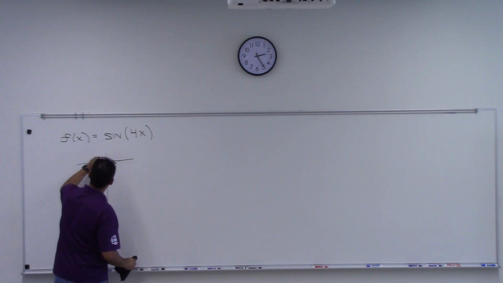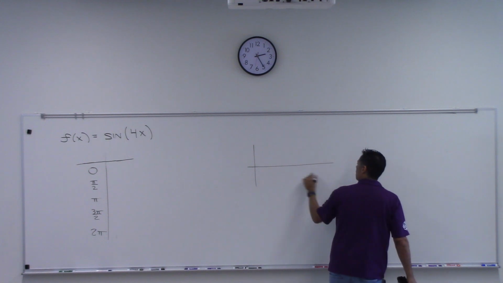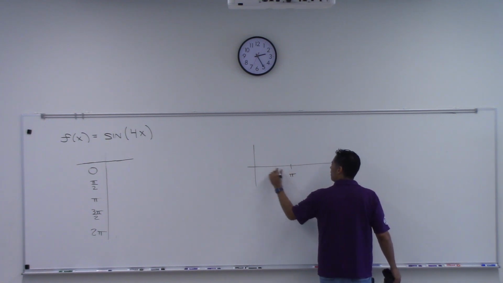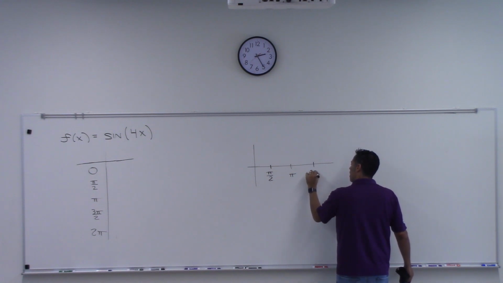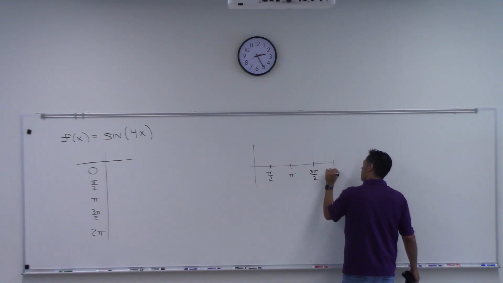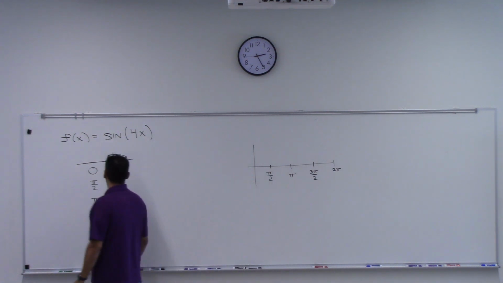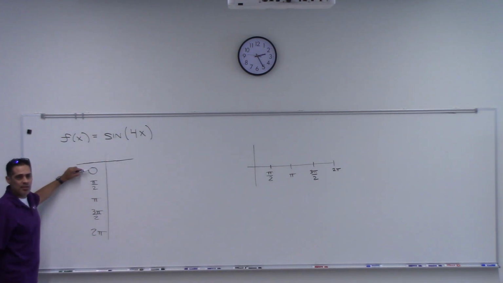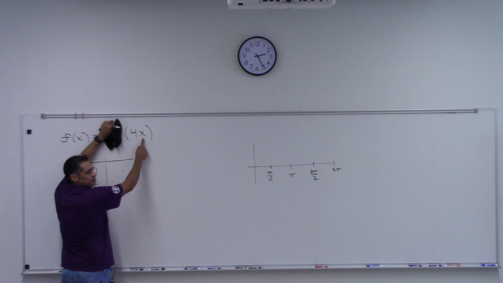Let's try a t-table, and let's go to our common points that we know. Here we have pi over 2, 3 pi over 2, and 2 pi. Let's try it out. What happens when you plug in 0? So what's 4 times 0? 0, right?